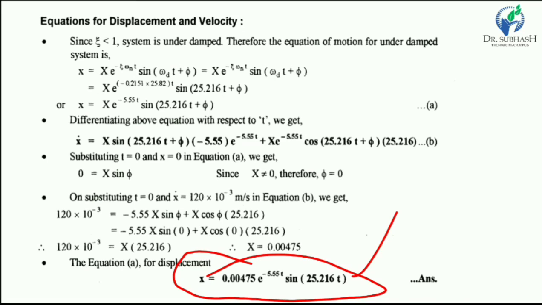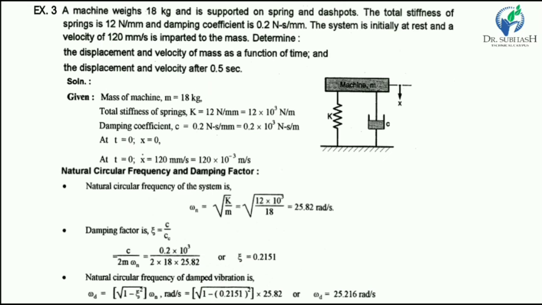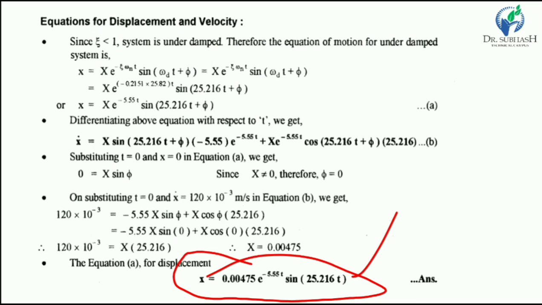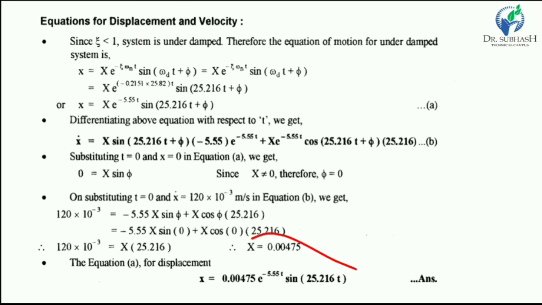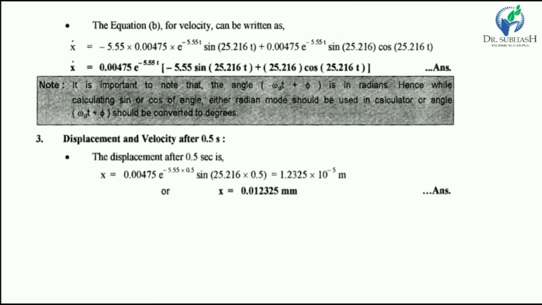So we can find out the motion of the mass or body at any particular moment of time. Okay, so in this example it is given that at 0.5 second we have to find out the displacement and velocity. So in this equation we put the value of t as 0.5 second, and we get the value of displacement.